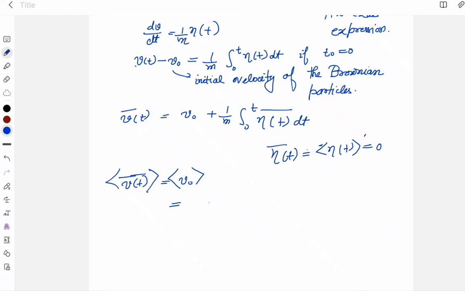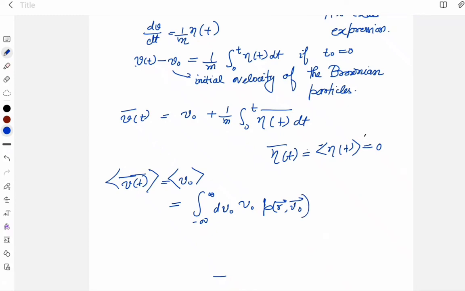Since we know the equilibrium probability density function, because we have already considered that the Brownian particles are in thermal equilibrium with the fluid particles, this average velocity is the integral from minus infinity to infinity of dv0 v0 times p of position r and v0.